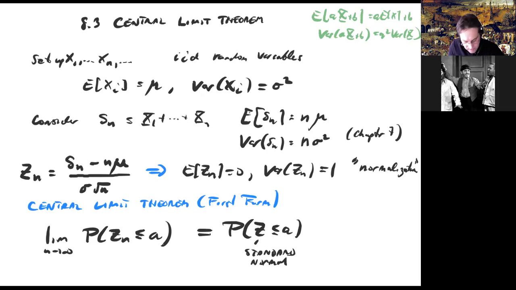In other words, this is in other notation what I was calling phi of a, which you can look up on a standard normal distribution calculator, or if you like, using a table. So this is the distribution. So in other words, the limit of the distributions of Z sub n as n goes to infinity tends to a standard normal distribution.